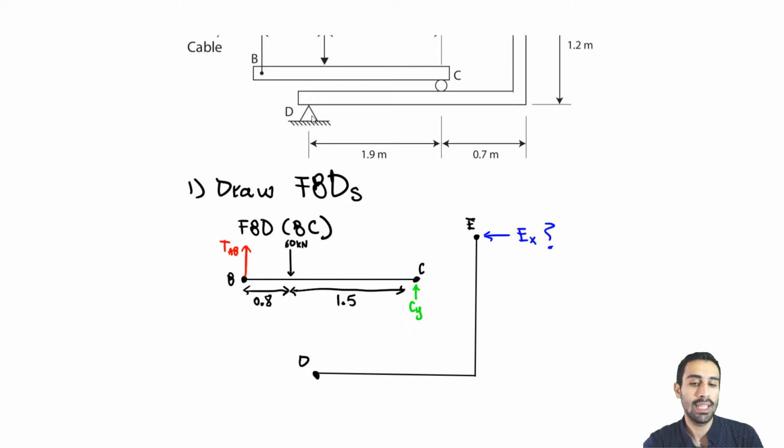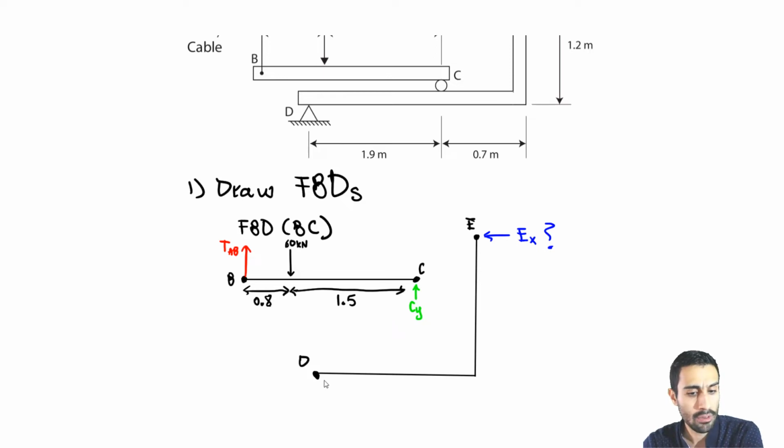The reaction at D can go to the right. But if you get the direction wrong, you'll just get a negative in your answer. That's fine. It just tells you you assumed the wrong direction. When you proceed, if you have a negative, you want to keep that negative in your next calculations. Just carry that negative if you assume the wrong direction. If you didn't, we will get a positive for the answer. But in this case, we will say this goes to the left as a reaction.